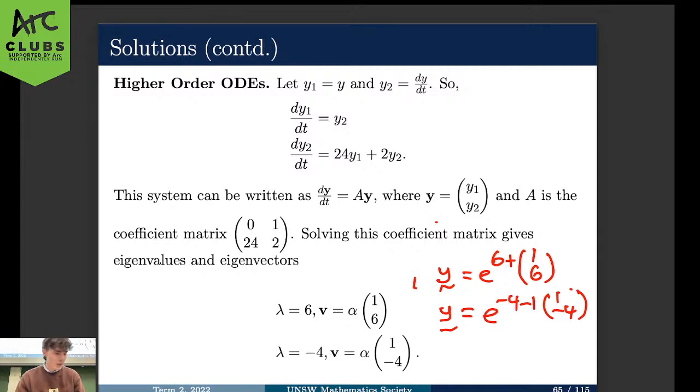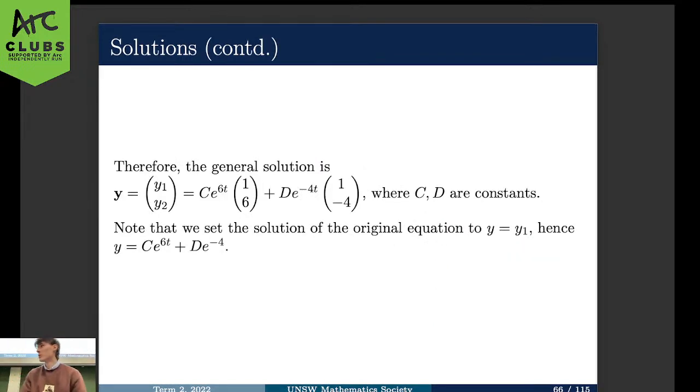So now we know that our general solution is the linear combination of these two specific solutions, giving us a general solution of C e to the 6t (1, 6), plus D e to the -4t (1, -4). But the original question was not to find some solution vector y. It was to find what is just y in general, right? If it's the solution to y'' equals 6y' plus 24y.